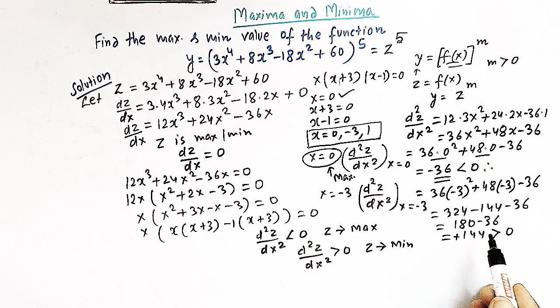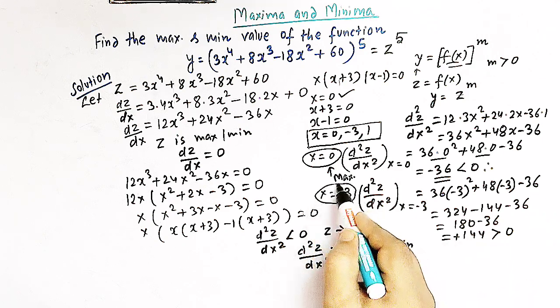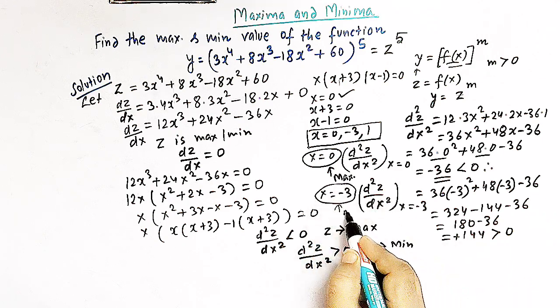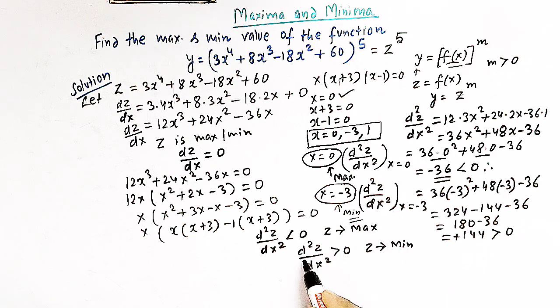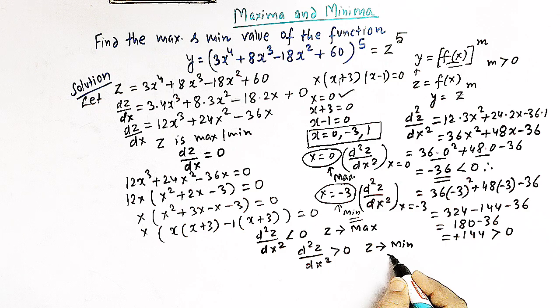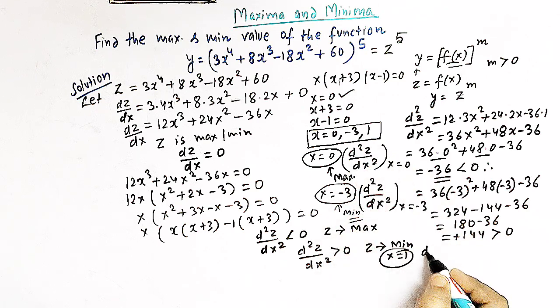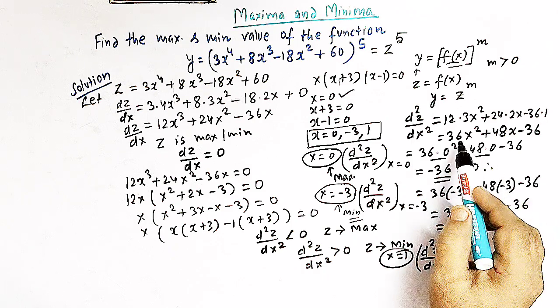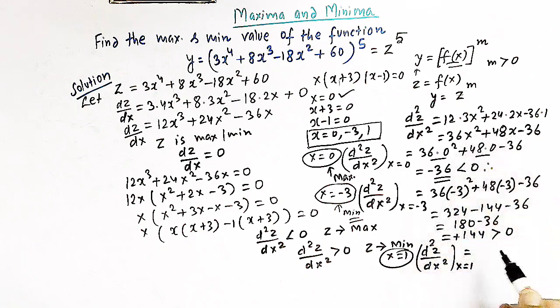So this point, that is x is equal to minus 3, is a point of minima, because here the second derivative is greater than 0. Now let us take x is equal to 1, right? So the second derivative at this point is given by this expression. Taking x is equal to 1, we have 36 times 1 square, then we have 48 times 1 minus 36.